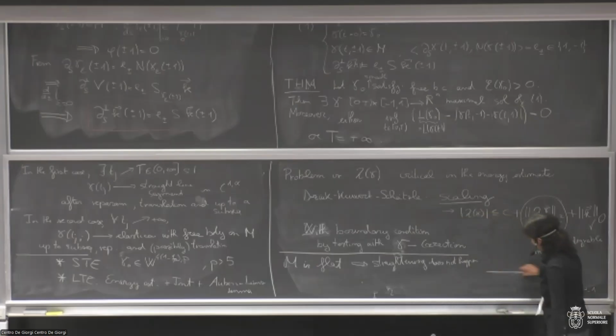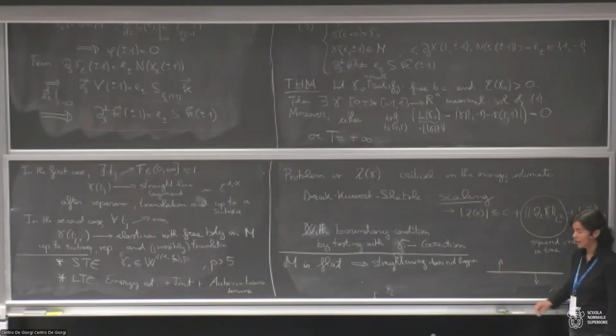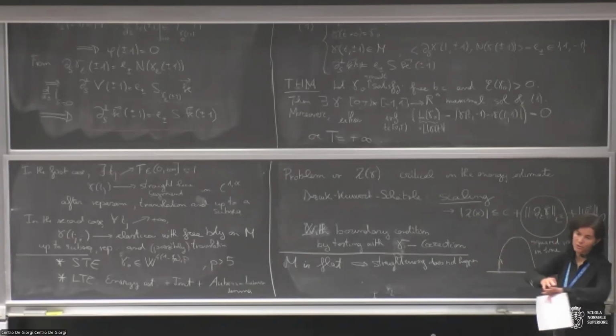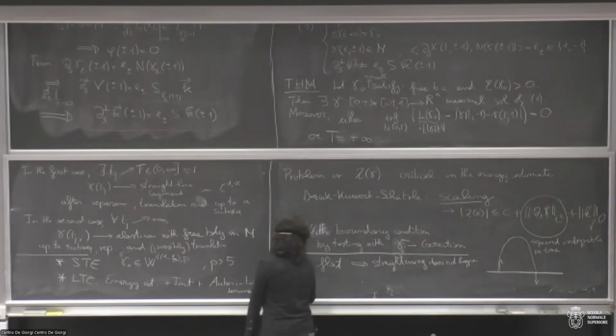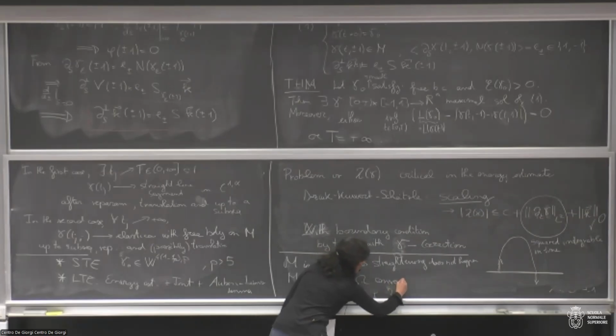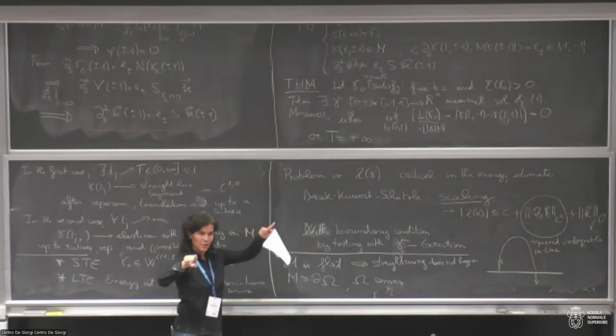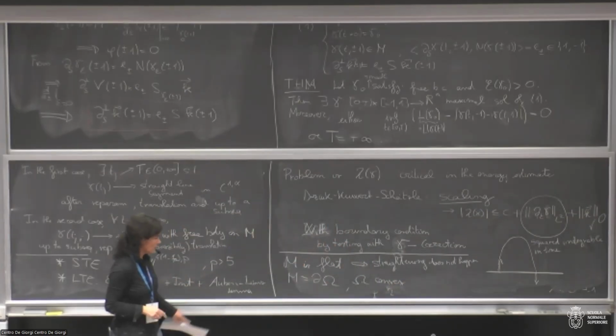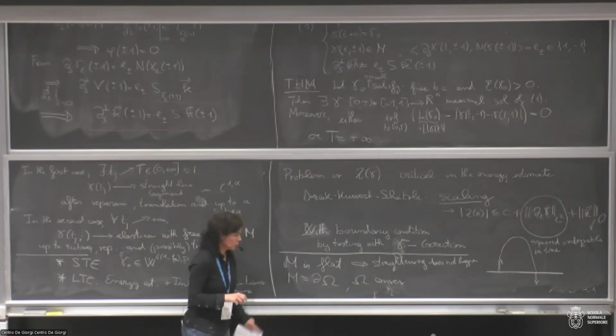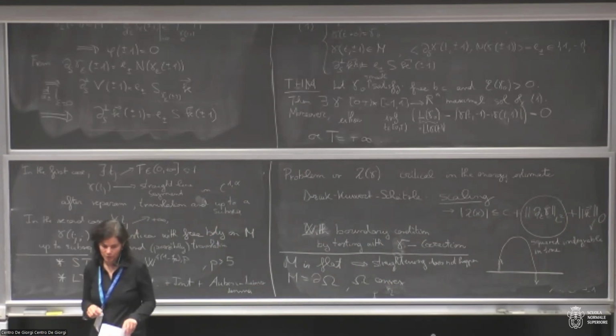Because M is flat, we need to start and end orthogonally, so there is no way we are going to satisfy the boundary condition by a straight line. Or when M is the boundary of a convex set, and with the right choice of orthogonality in the initial datum, also straightening is not going to happen.